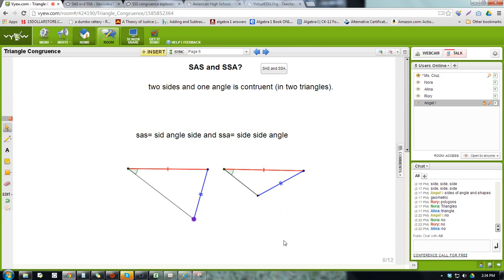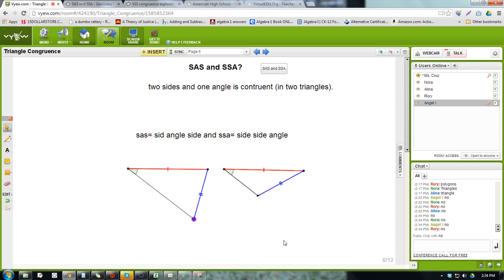Do these triangles look congruent to you, or the same? No. Does anyone think they look the same? No. Okay, good, they shouldn't. Everybody says no.